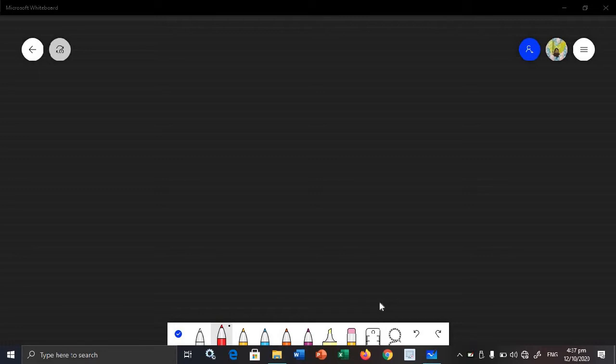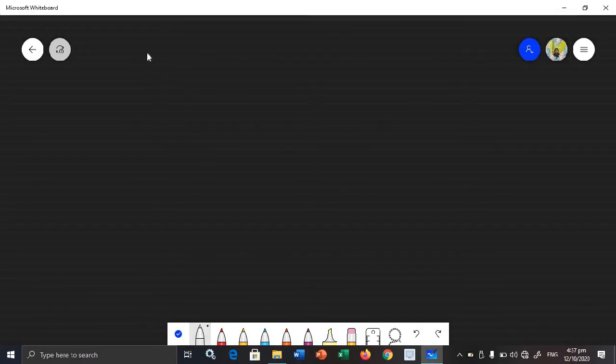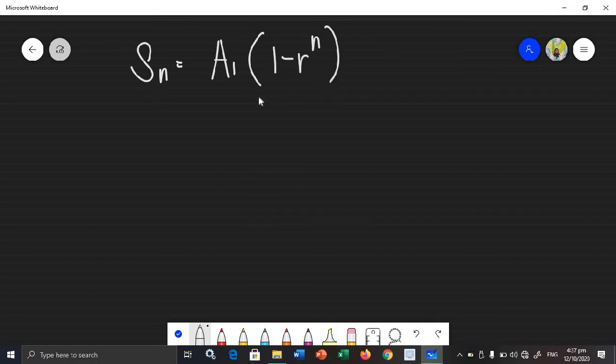In solving the sum of a finite geometric sequence, we will use the formula S sub n is equal to a sub 1 times the quantity 1 minus r raised to n all over 1 minus r.